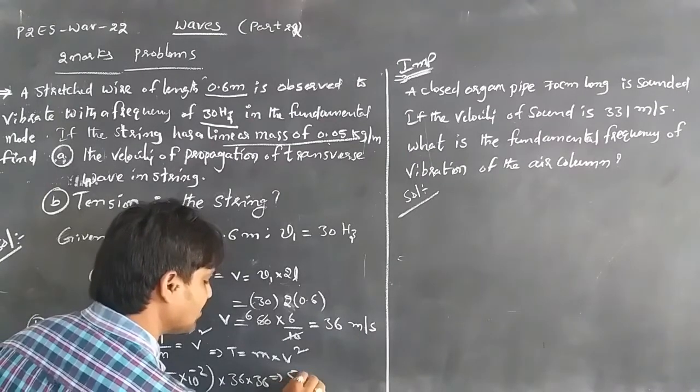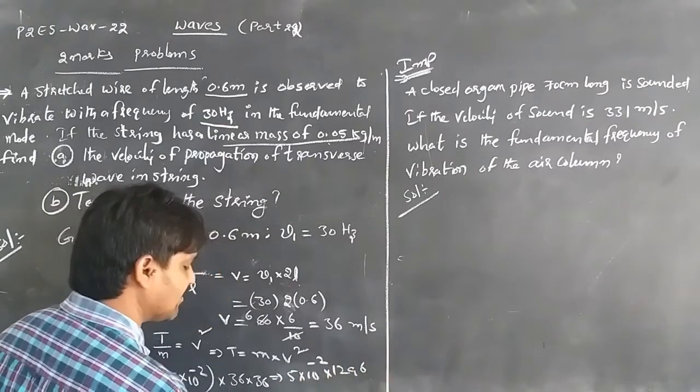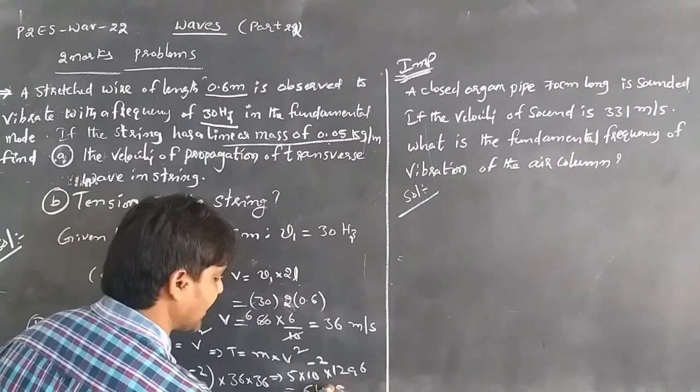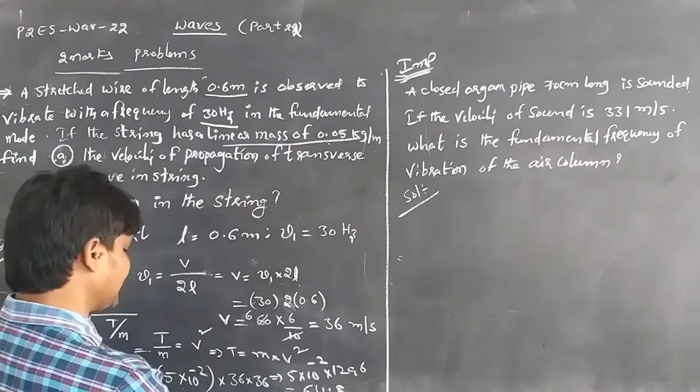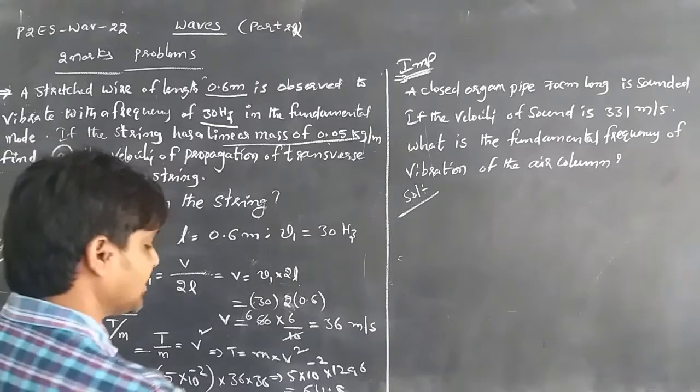So 5 into 10 to the power of minus 2 into 1296. By calculation we get 64.8, and the unit for tension is Newton.